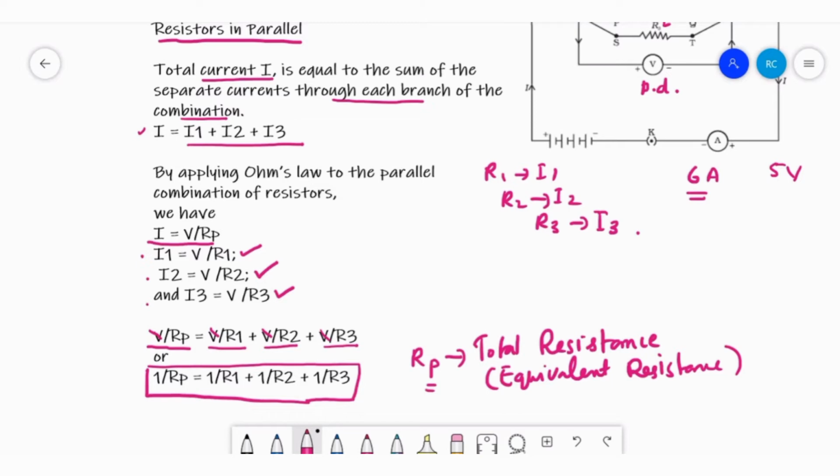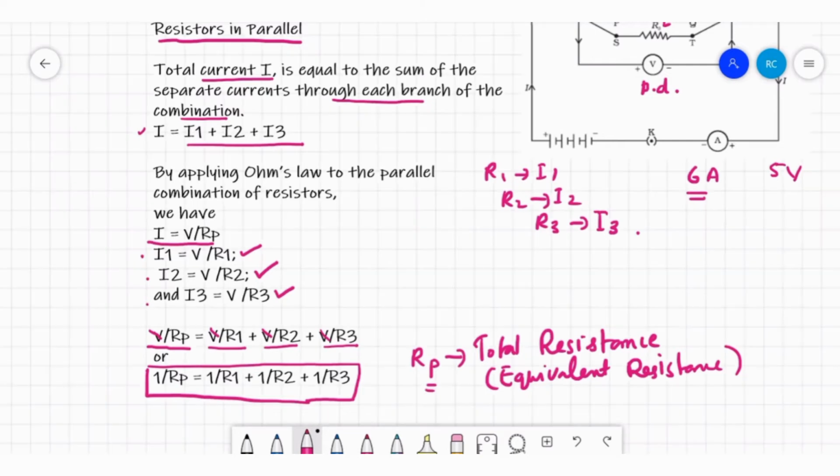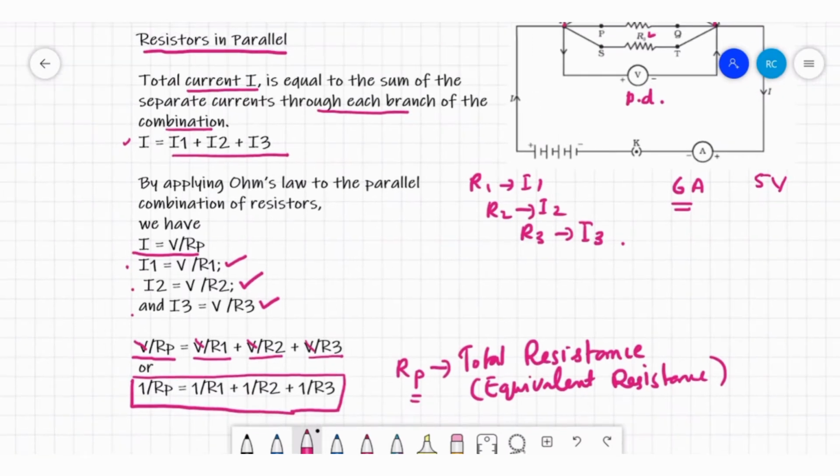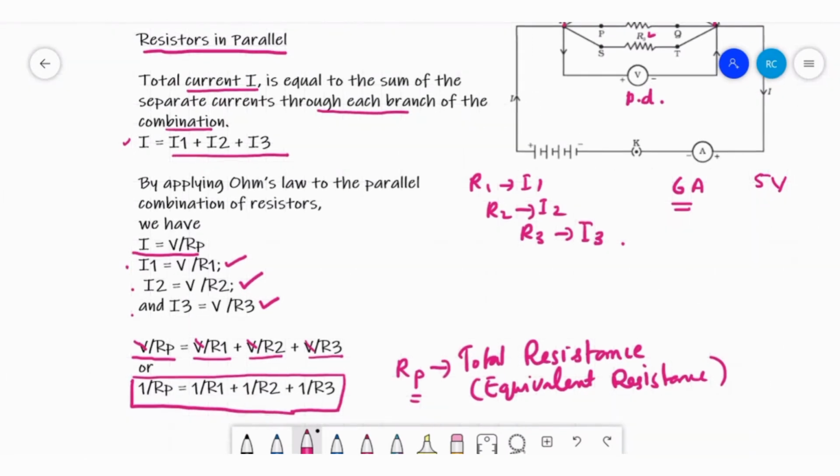In a circuit, if we have only two resistors, then you need to use only 1 by R1 and 1 by R2. Okay, so this equation will vary according to the number of resistors connected. Now, what is the important point you need to note from this equation? How to calculate the total resistance in a circuit in parallel connection.